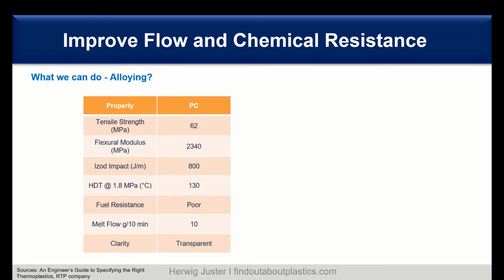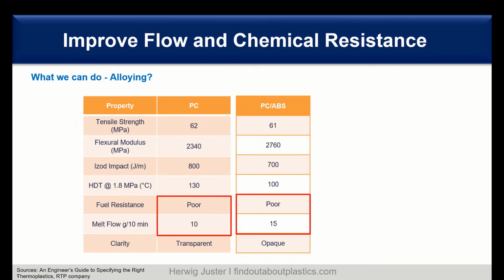I have here some selected properties: mechanical properties, impact properties, thermal properties. And when you look at fuel resistance and melt flow, fuel resistance is poor, and also the melt flow is poor, and those are two properties we want to improve. So one way is we can go to a PC-ABS blend.